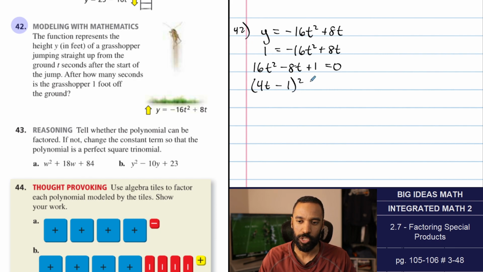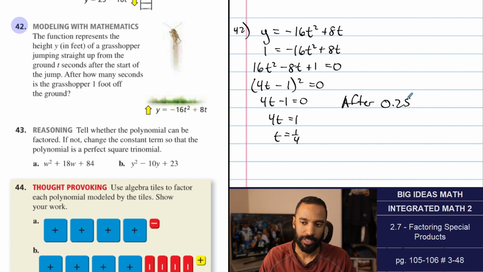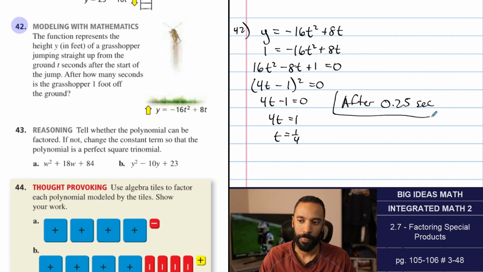So this is 4t minus 1 quantity squared that equals 0. So 4t minus 1 equals 0. We add 1 and divide by 4. We get t is 1/4. After how many seconds? After 0.25 seconds. 1/4 of a second.